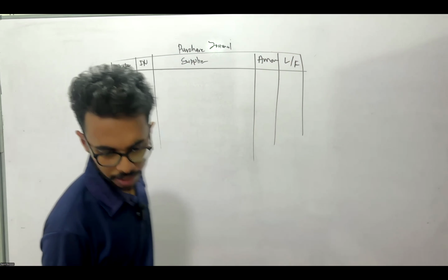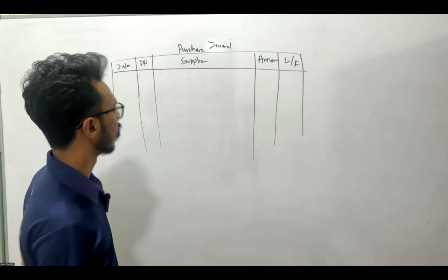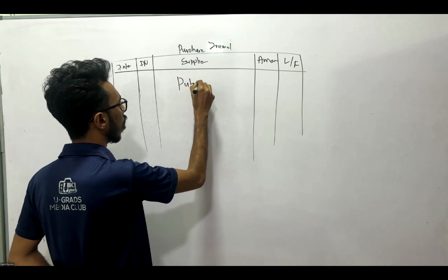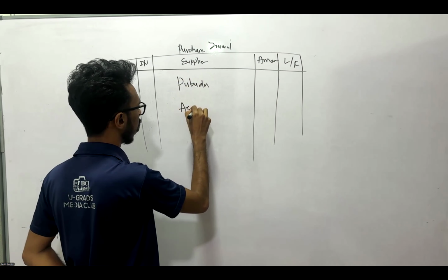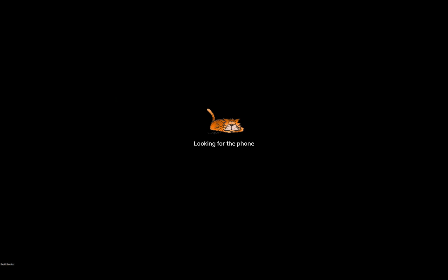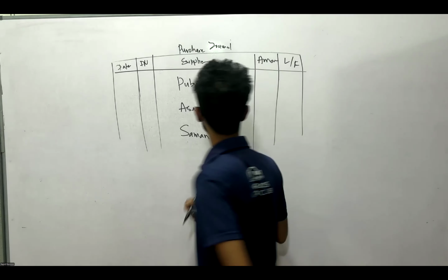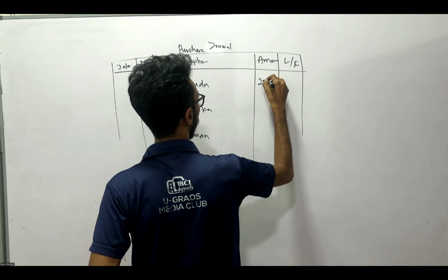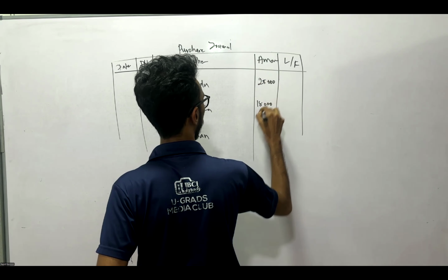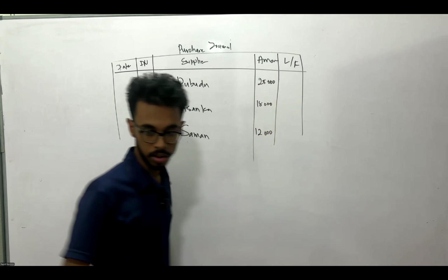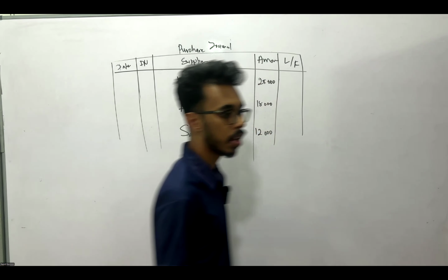They have given the names as well. Pubudu, Asanka, Saman, right? Pubudu 25, Asanka 18 and Saman 12, right? 25, 18, 12.